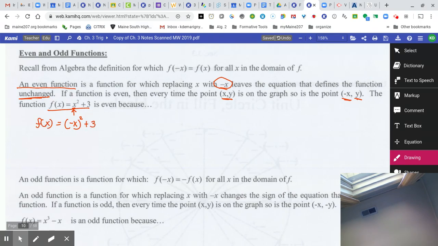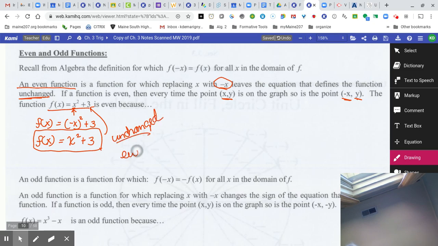Well, negative x squared gives me a positive x squared plus 3. So because this value is unchanged from my original value, this is said to be an even function.